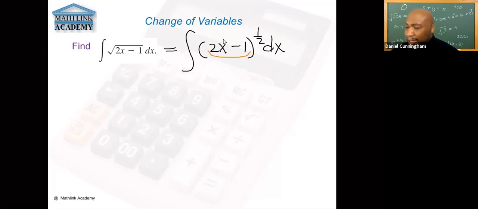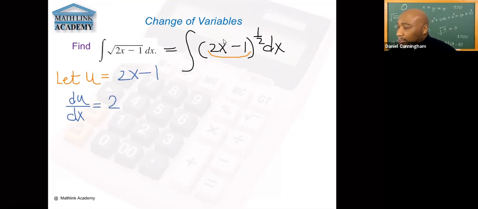So we're going to let u equal 2x minus 1. Well, let's just let that happen. So what is du? du with respect to dx is going to equal just 2.